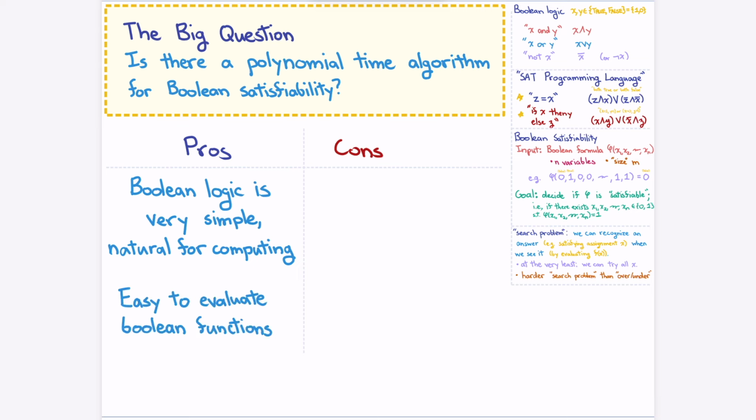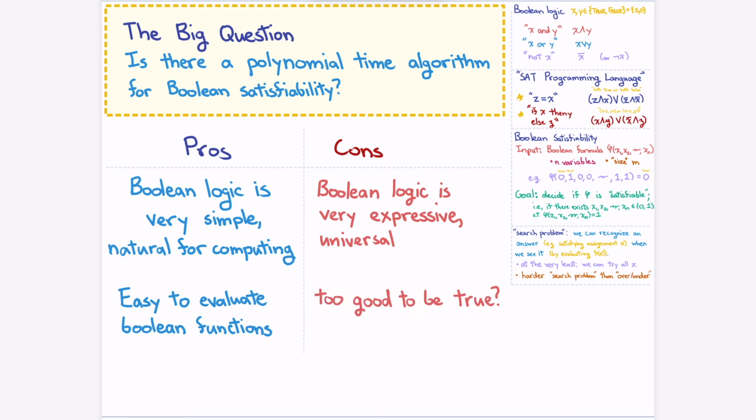It is also easy to evaluate Boolean functions. And the cons, I think you've already brought up: Boolean logic is very expressive. It seems almost like a universal language. So maybe it would be too good to be true. Okay, so let's say it's too good to be true.